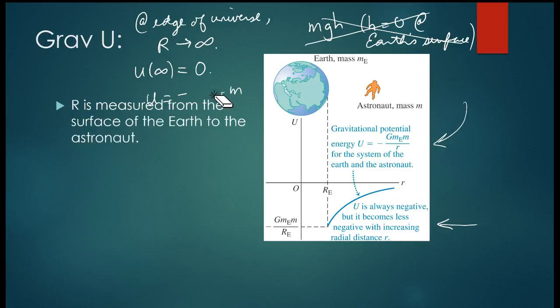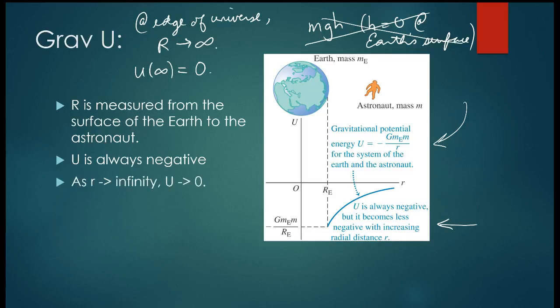So r is measured from the center of the Earth to the astronaut, and we have a negative value for U. Now things are a little bit different when we go inside of the Earth, and we're going to talk about that in just a moment. But like we said, as r goes to infinity, U goes to 0.